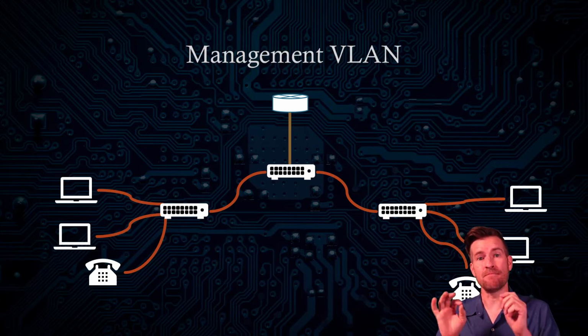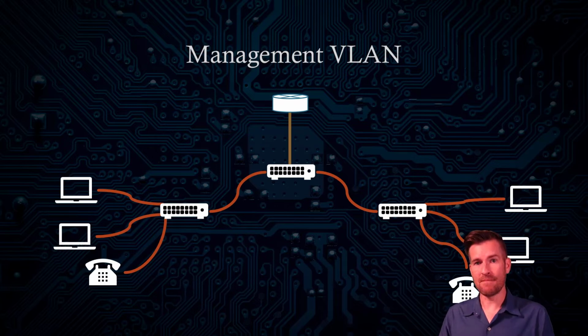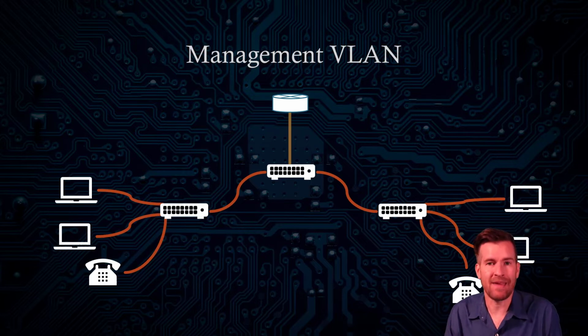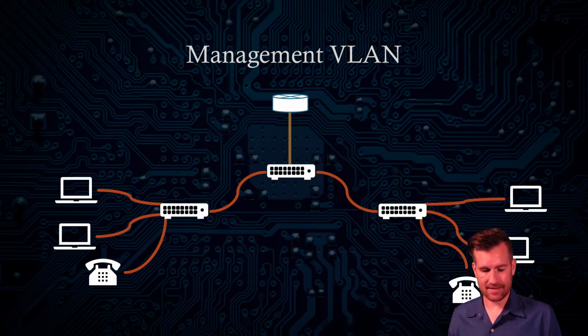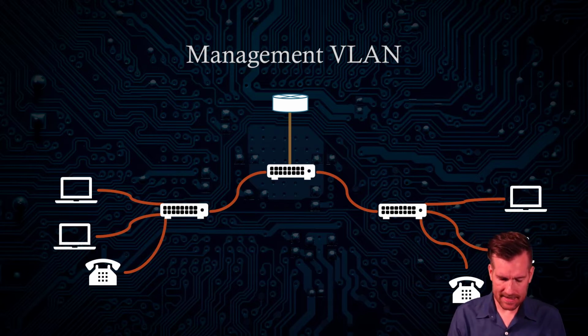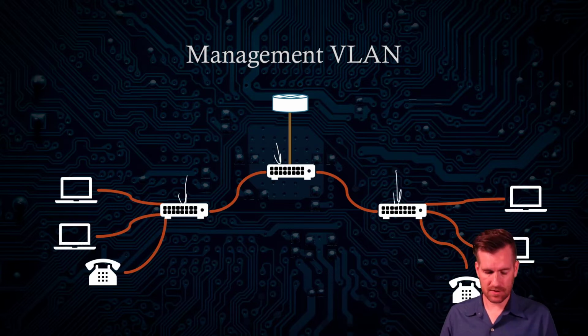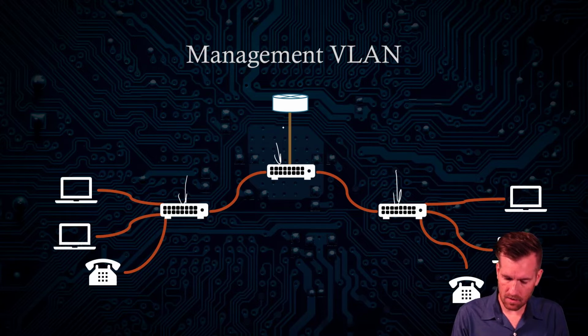Then we have the management VLAN, and the management VLAN is designed to connect devices that you need to manage, that you don't want to give your general users access to. An example of this is, let's say we want to manage all of these switches right here, and we need to set them up so that we can remote into each one of these switches.